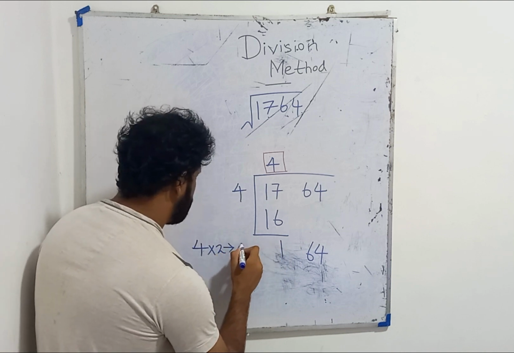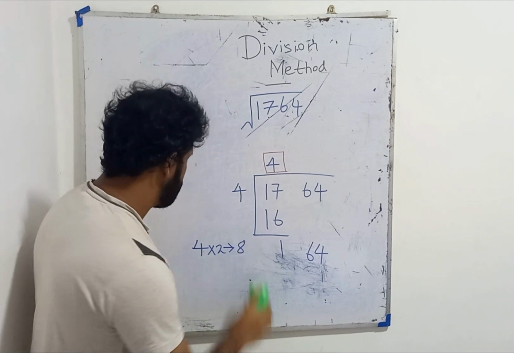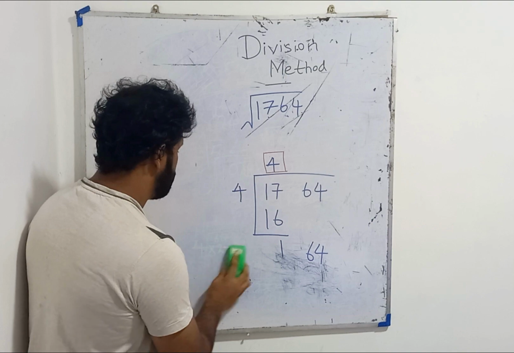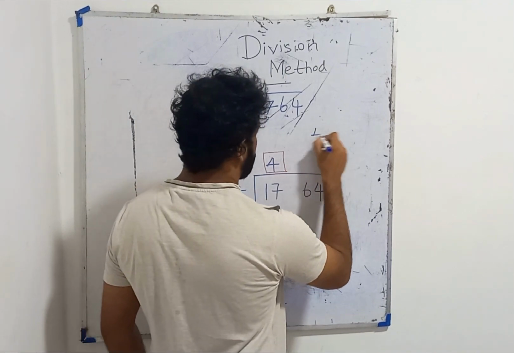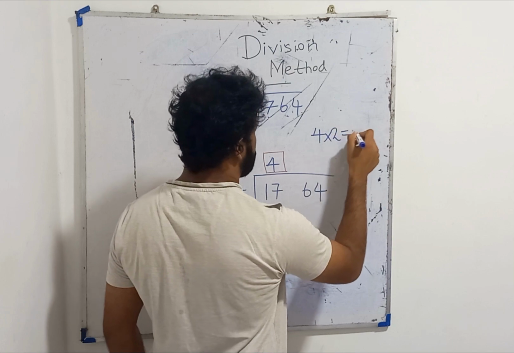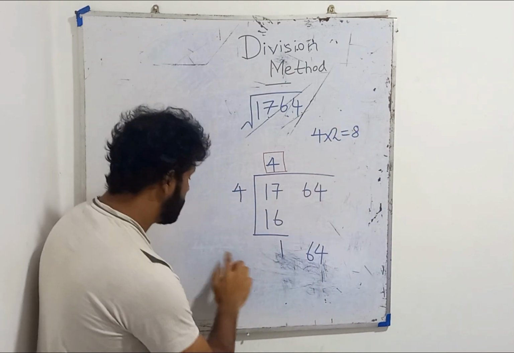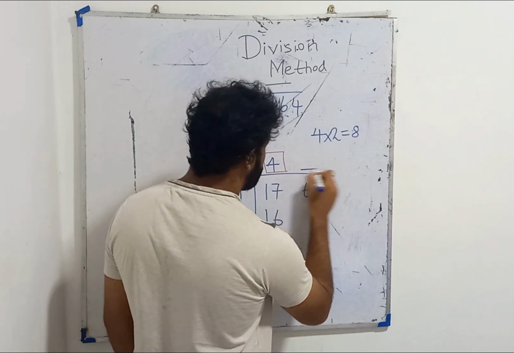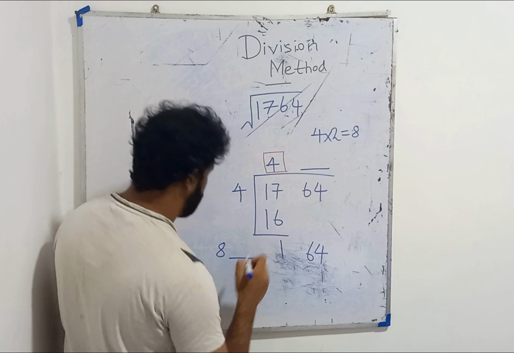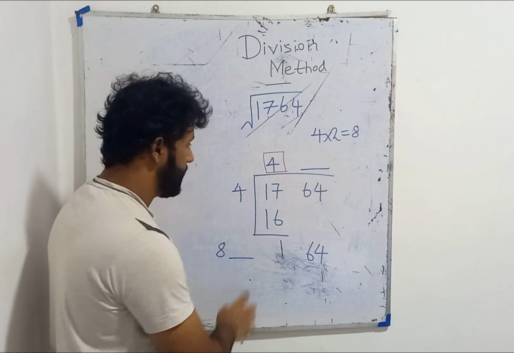Then you take 8 here. You know that, it's easy. Take that number, then keep a space there and keep a space there.